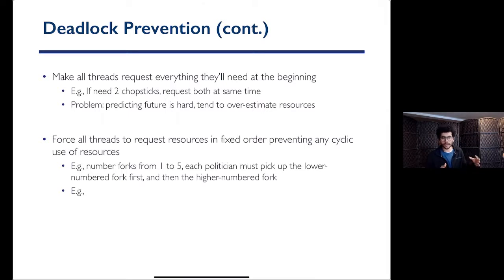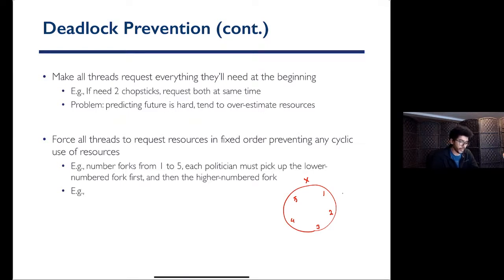In that example where we had 5 politicians and 5 forks, I can put number 1, 2, 3, 4, 5 on each fork, and then force everyone to pick the fork with the lower number. So let's say I have fork number 1, fork number 2, number 3, number 4, and number 5. Each person has to pick the fork with the lower number.